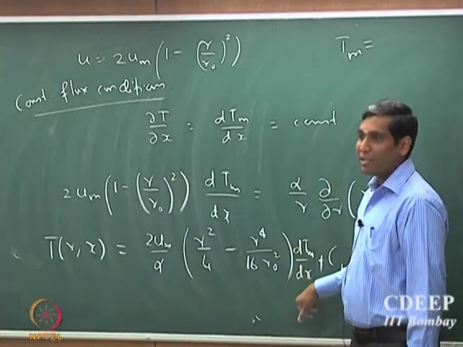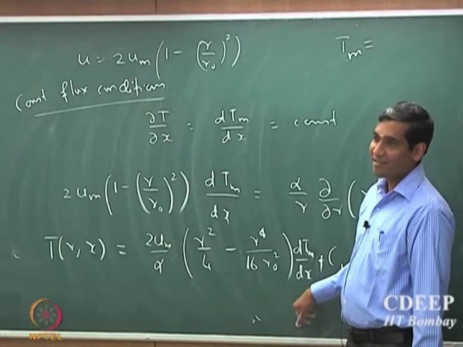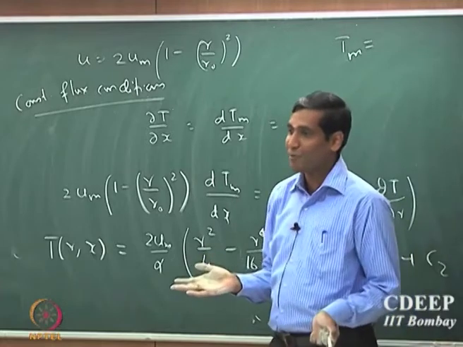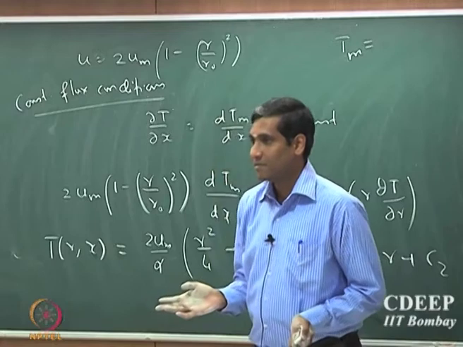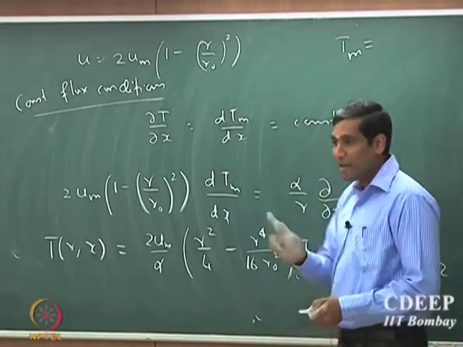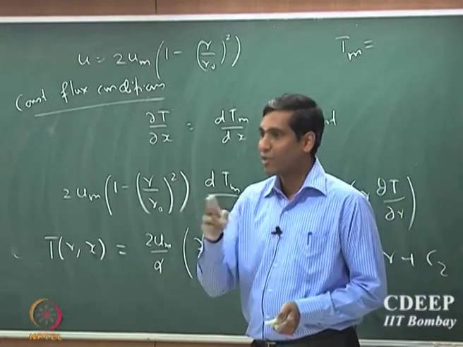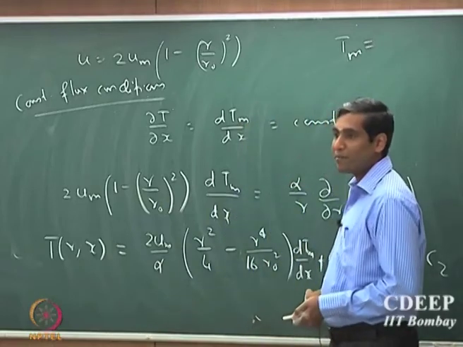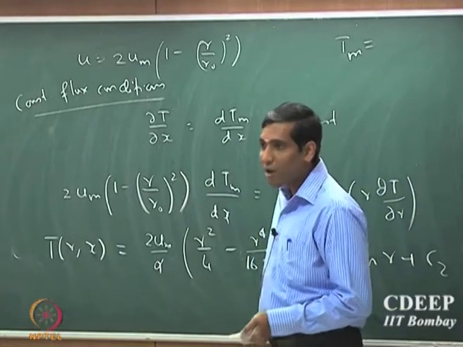If we put in the expression for dTm/dx, that is a function of x alone, since Tm is already integrated over r and is not a function of radial position anymore. dTm/dx is constant, which means Tm is linear, and this is nothing but Qs prime into P by m dot Cp. So that's a constant.